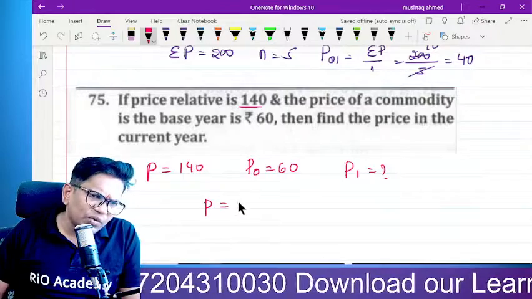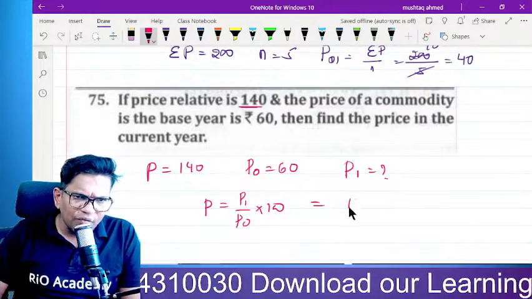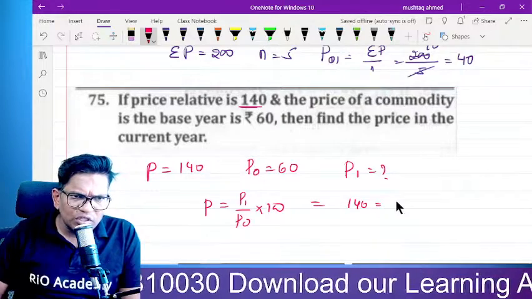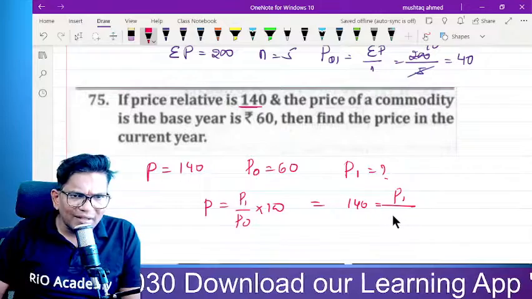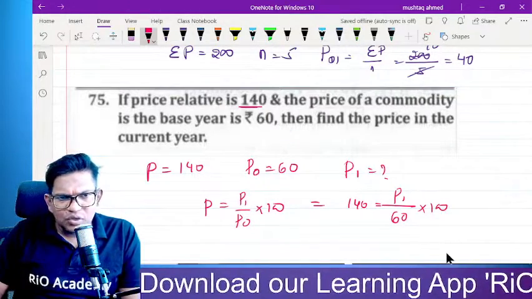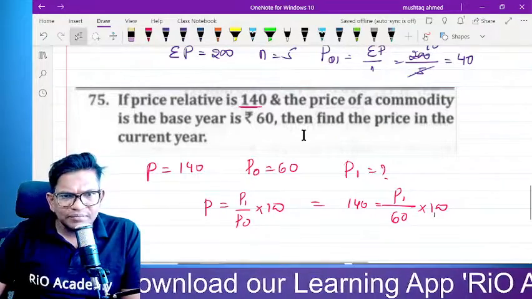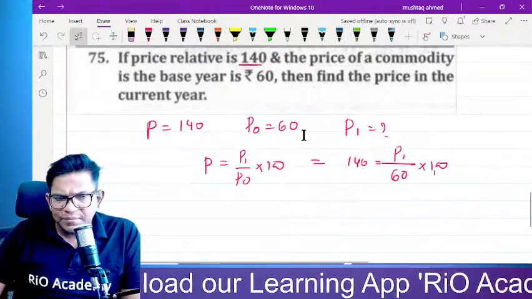Very simple, just now I told you, P1 divided by P naught into 100. So 140 is equal to P1, which we don't know, divided by P naught, that is 60, multiply by 100.